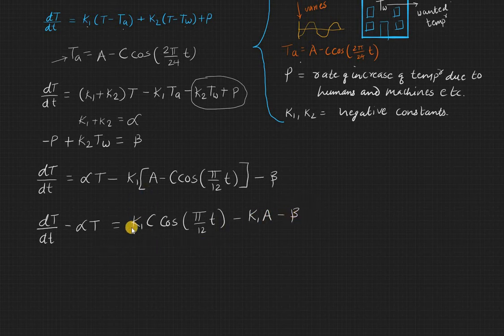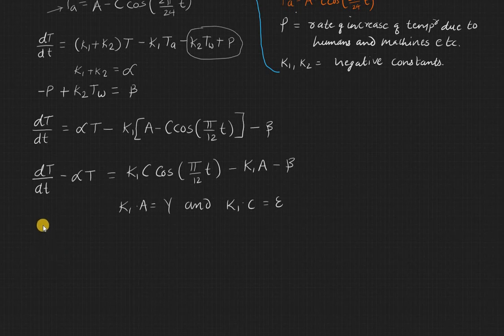So again we can consider this K1 C and K1 A as some other single coefficients or constants. So we can say that K1 into A is equal to gamma and K1 into C is equal to epsilon.